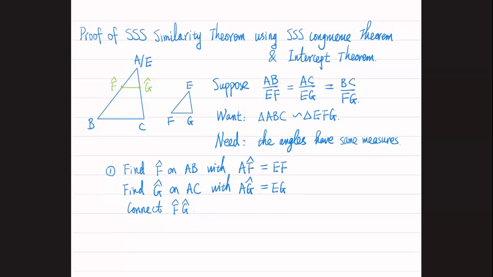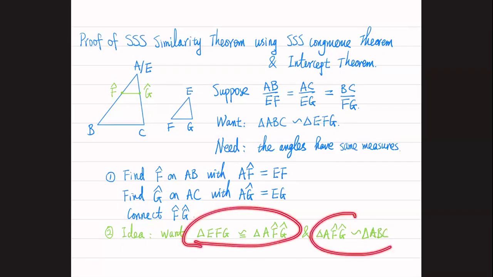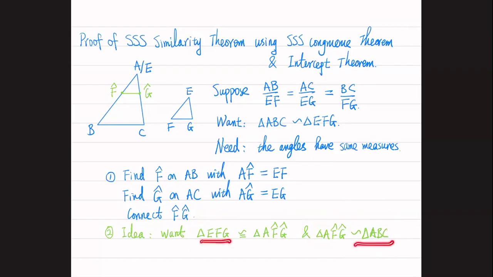Okay, so the idea: if we can verify these two properties, then the two triangles will be similar. Okay, this will give us what we want.